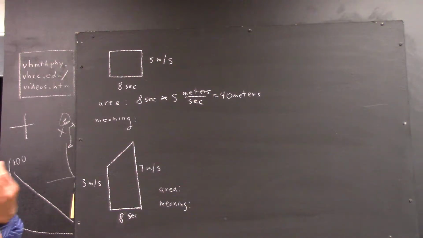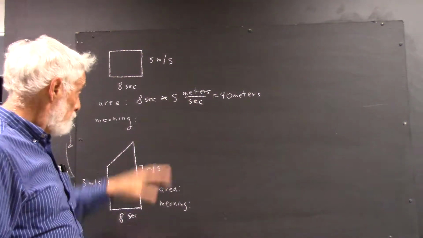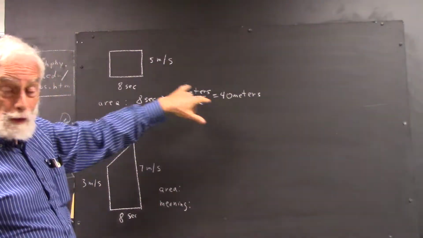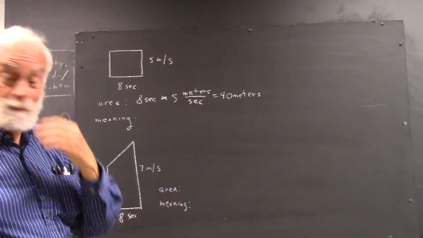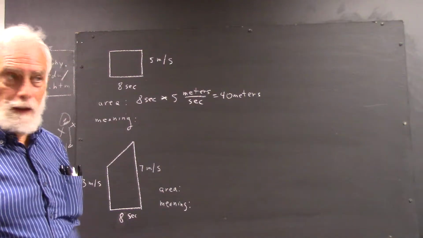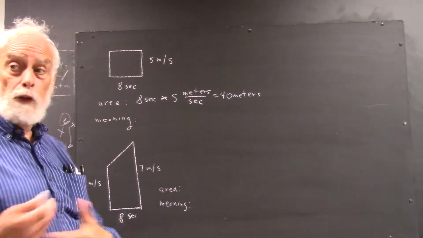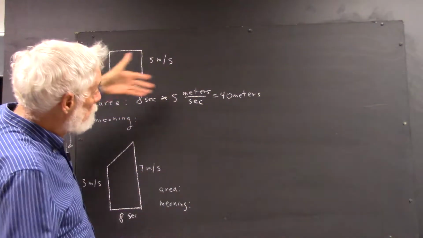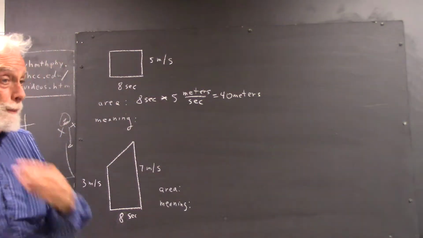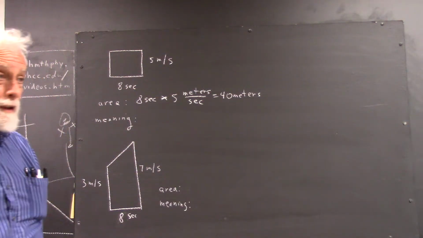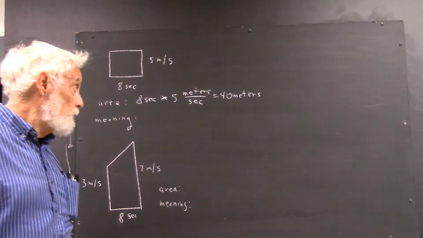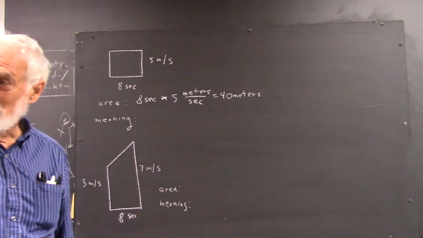But if you are watching the video, you would want to maybe pause the video and write down what you think that might mean, rather than looking ahead and getting the answer. Think it through yourself, and if you don't get it, then you get the answer and you think about why. Okay, so now Isaac, you've been answering a lot of questions, so I'm going to let somebody else answer.